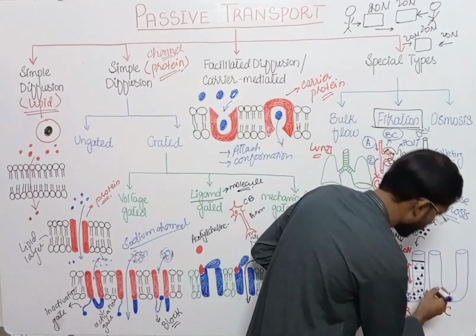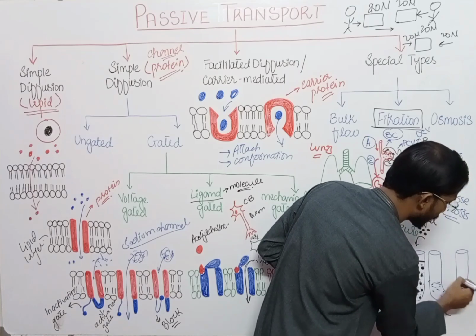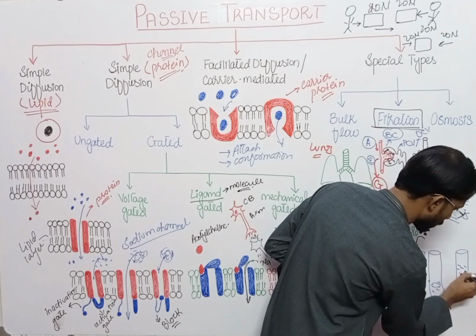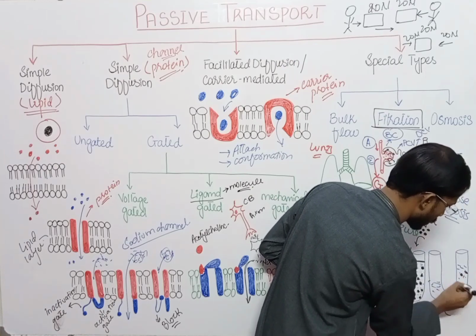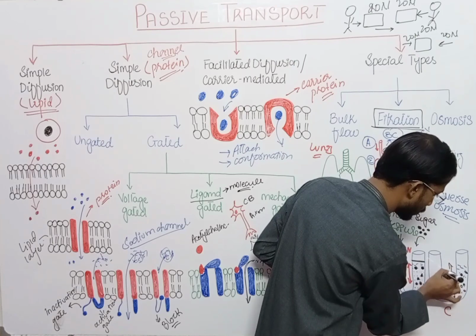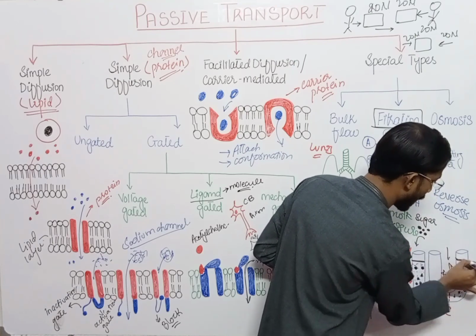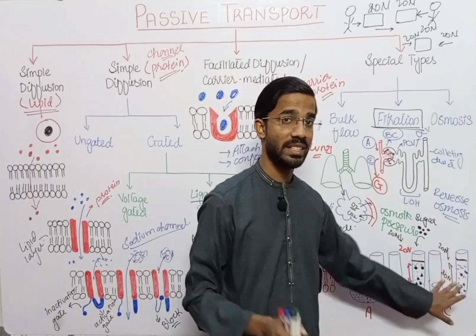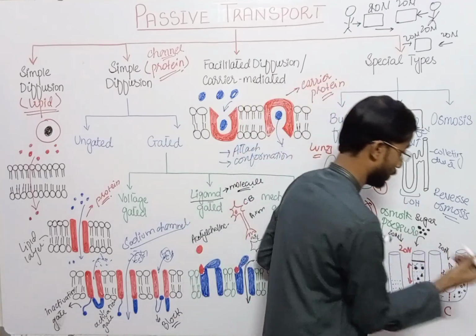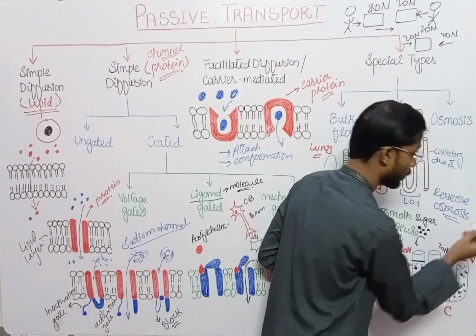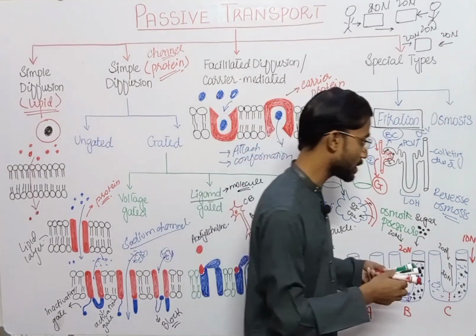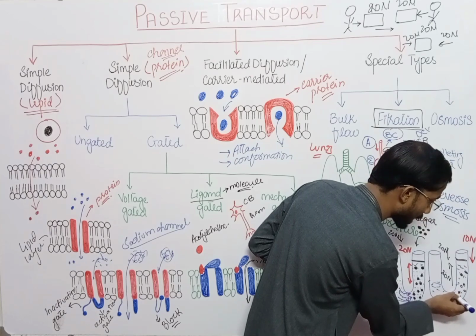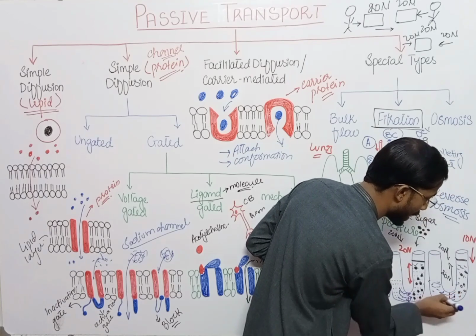Here are the water molecules, and here are the solute molecules, and we apply 20 Newton force, and now the situation is in equilibrium. If we exert 10 Newton more force on the piston, then a state is reached in which the water molecules on the right side start moving towards the left side.